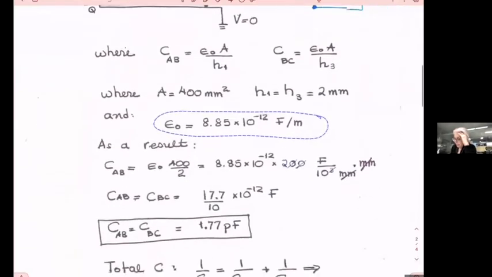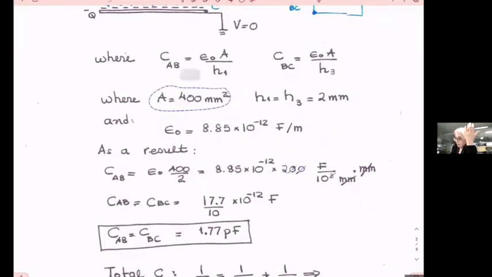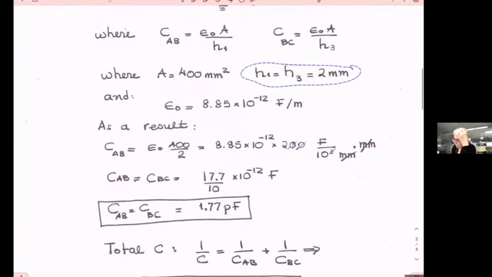And if you plug in there, pay attention also to the units. Remember that epsilon naught is always in farads per meter, the area is going to be in millimeters squared, and the thickness is going to be in millimeters.